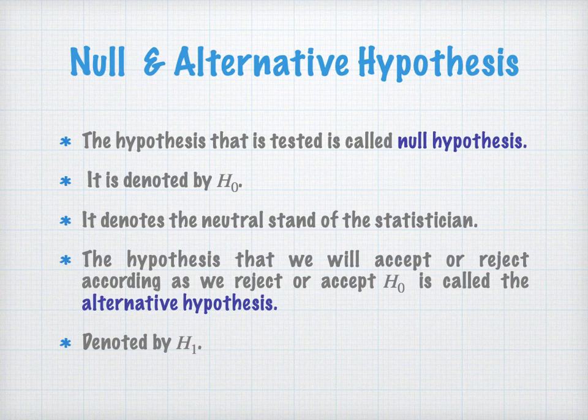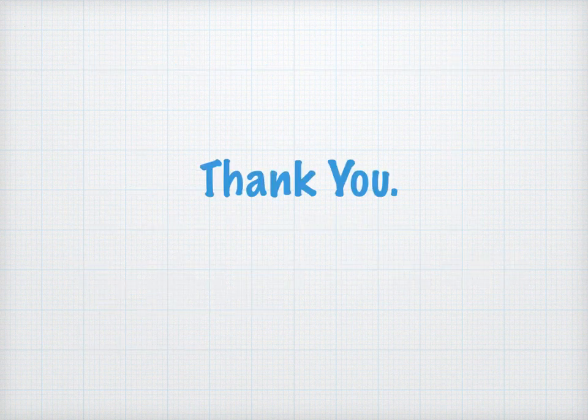For every testing of hypothesis, or every statistical problem, we will have a null hypothesis and an alternative hypothesis. The null hypothesis is a neutral one and the alternative hypothesis is the problem that we need to test. The alternative hypothesis is denoted by H1.